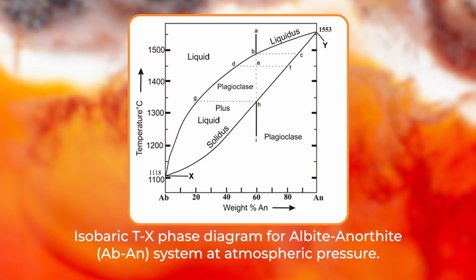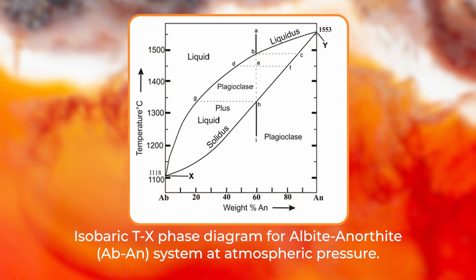Phase diagram: isobaric temperature composition phase diagram for albite and anorthite, which is also abbreviated as the Ab-An system at atmospheric pressure. There are two important curves here. One is the convex curve, which is the liquidus curve, and above the liquidus curve everything is liquid or melt.